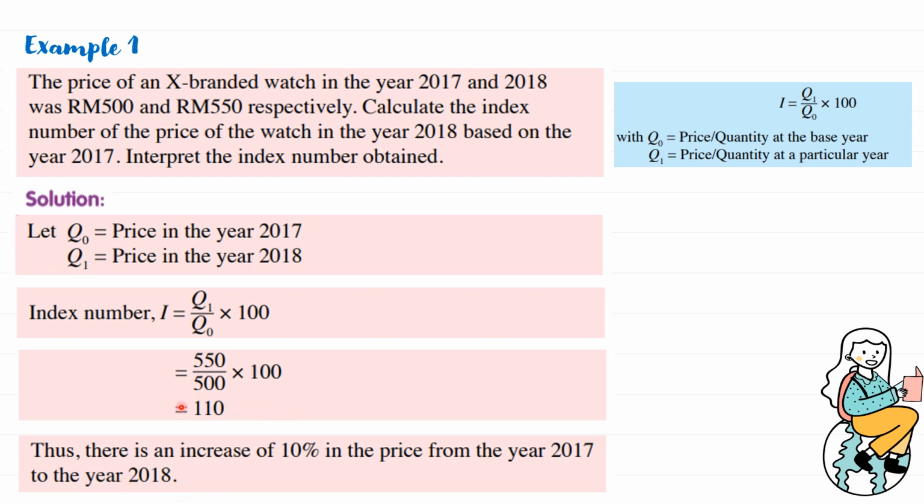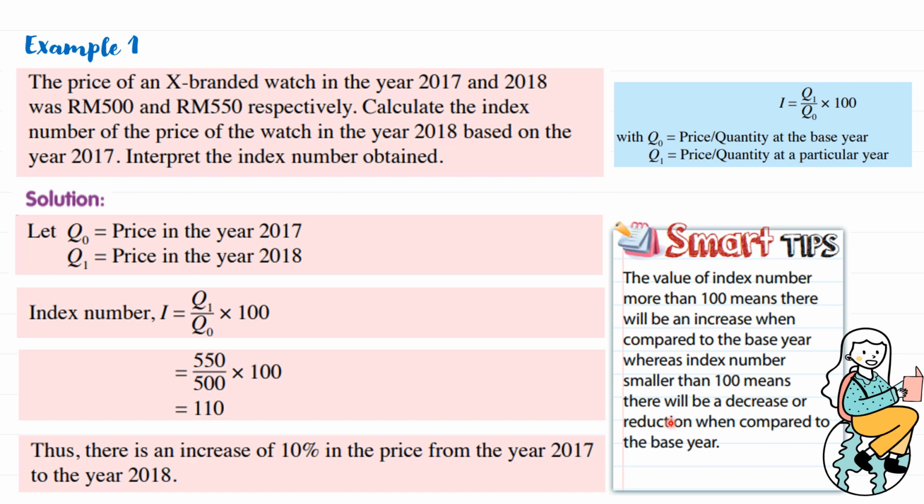So if you get an index number like 120, it means that there is an increase of 20%. 130 means that there is an increase of 30%, and so on. Okay, smart tip.